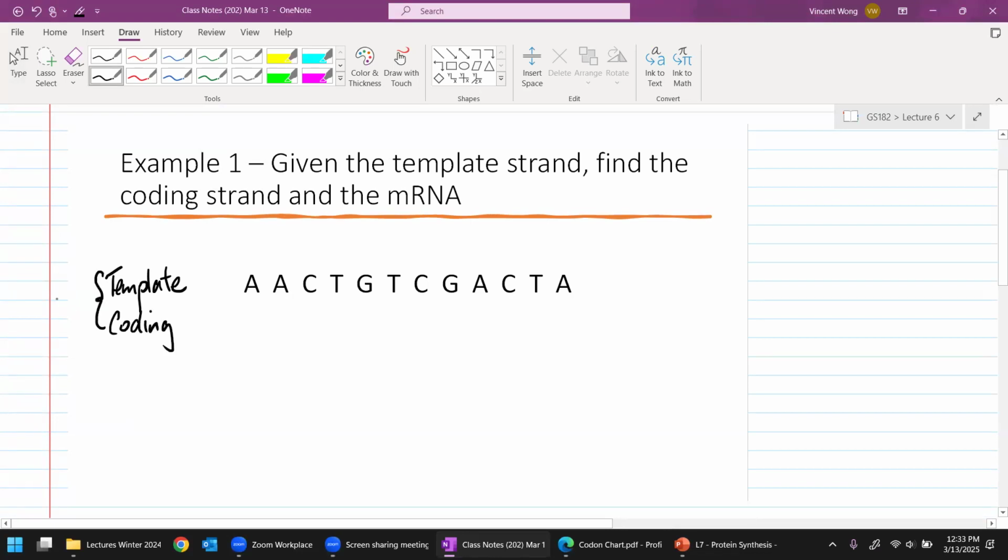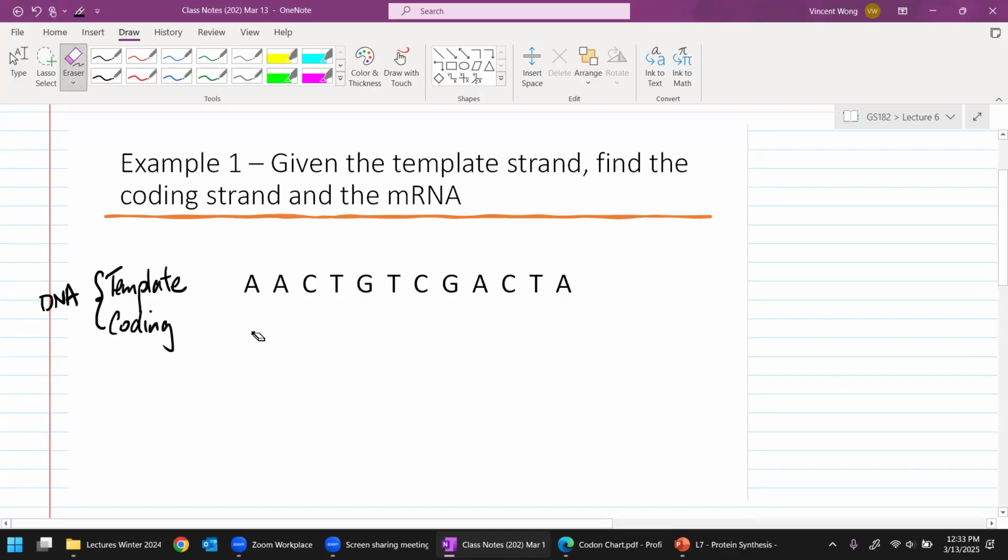Remember, both template and coding are DNA. DNA has two strands. What's the word that we use to describe the relationship between the two? Complementary, that's right. So if you have the template strand, you should have no problem creating the coding strand.